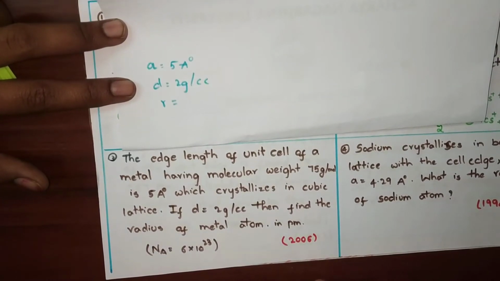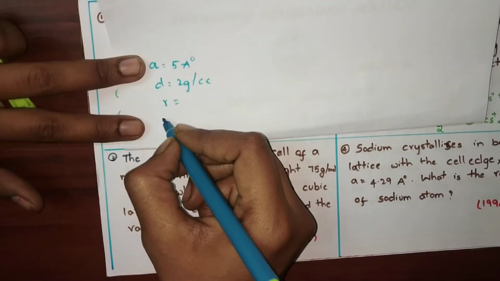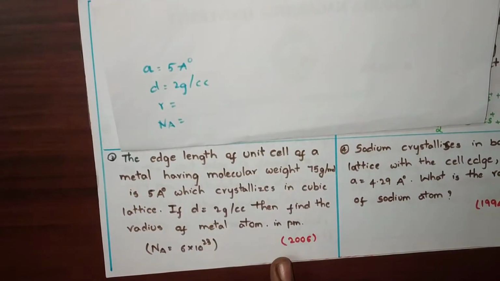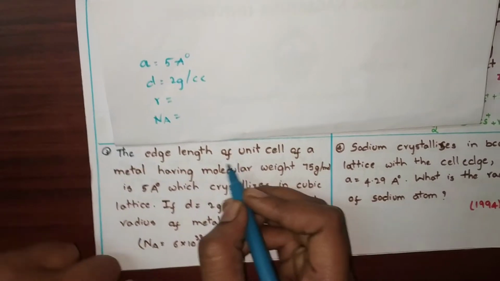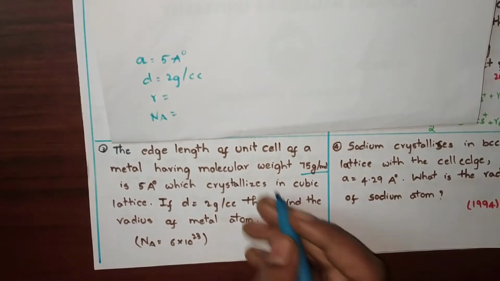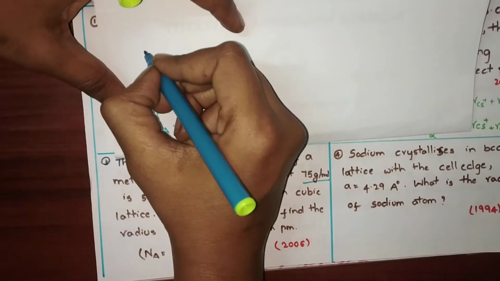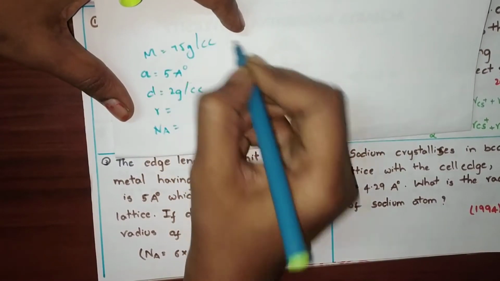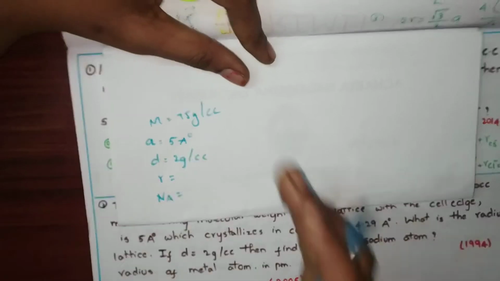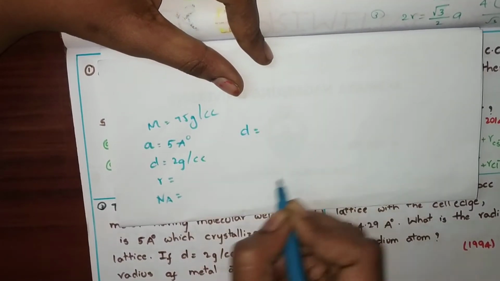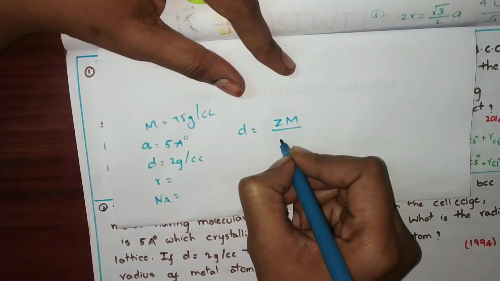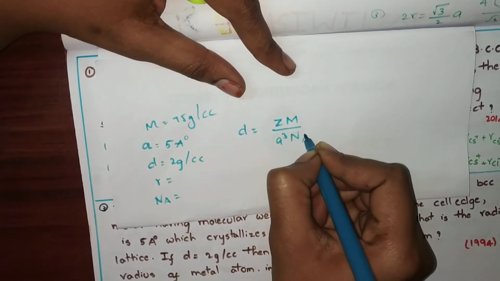Can you find any information here? NA is there. Can you get any here? Yes, see, 75. This is the molecular weight, molar mass is 75. There is a formula: density is equal to ZM by a cube into Avogadro number.